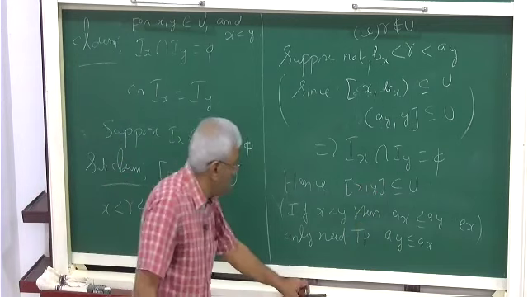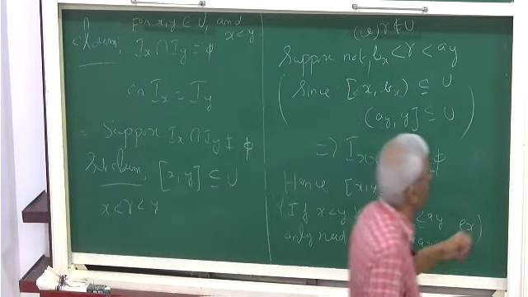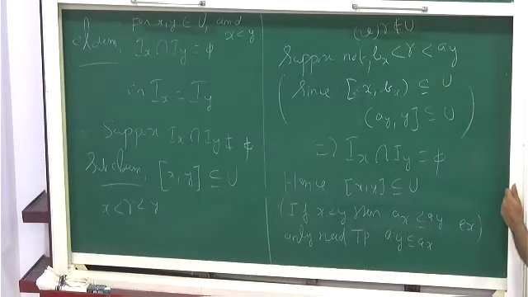Okay. Now Ay is less than Ax, that's what we want to prove.